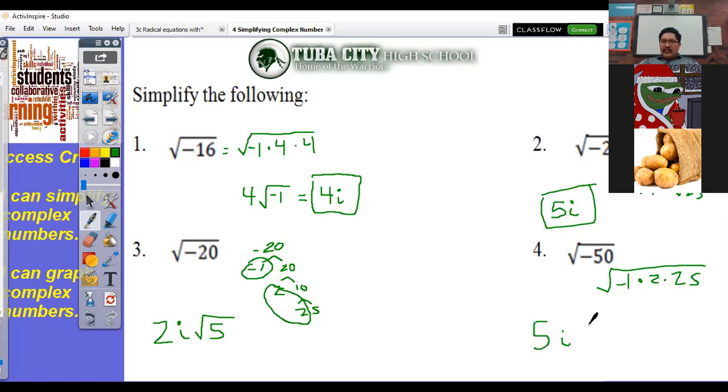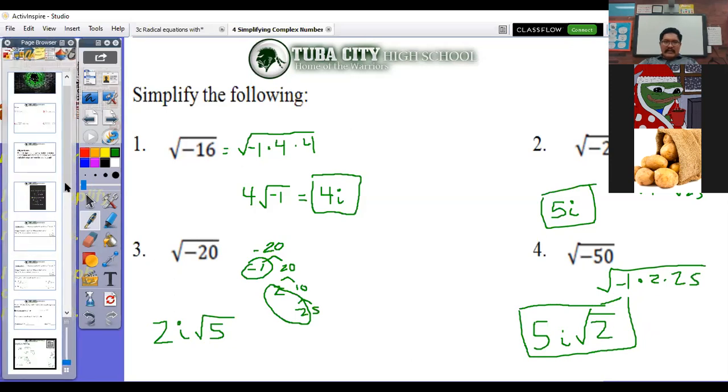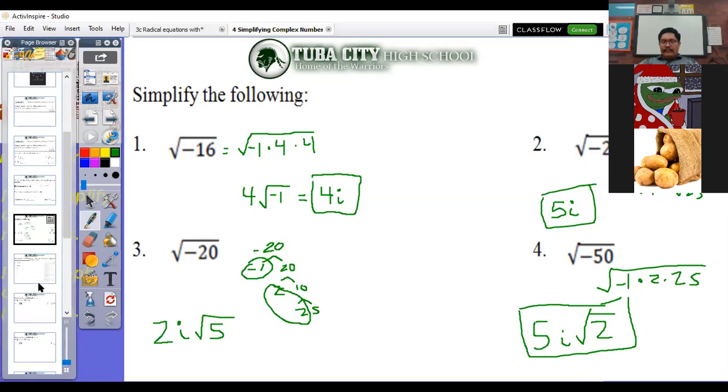But now we have 2 left in there, so we cannot take that 2 out. So it's going to stay under the radical. So 5i square root 2.